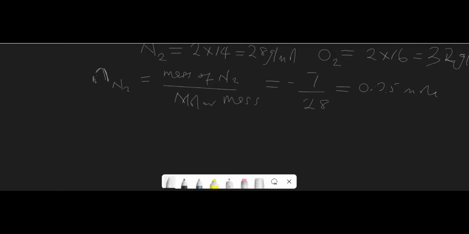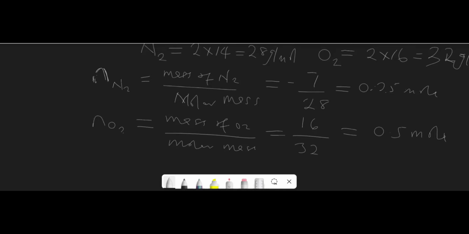The next thing is the number of moles of oxygen, which is the mass of oxygen divided by the molar mass. The mass of oxygen is 16, and the molar mass is 32. So we have 0.5 mole as the number of moles of oxygen.